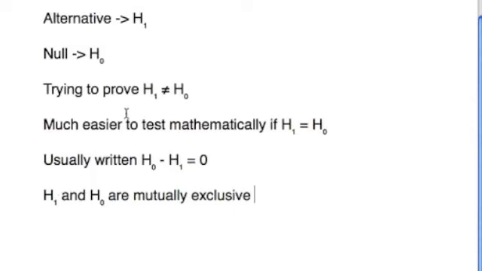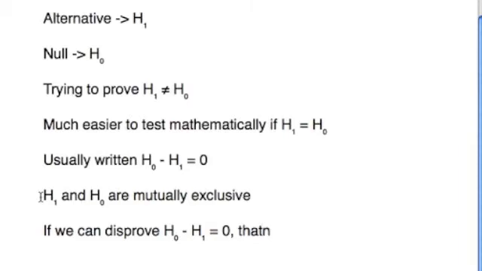We do this because if we can disprove this first guy, H sub 0 minus H sub 1 equals 0, then we know that they're not equal. And that is why we made them mutually exclusive in the first place. Only one can be correct. So if one isn't correct, the other one has to be.